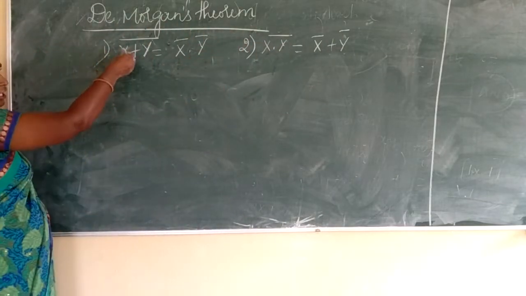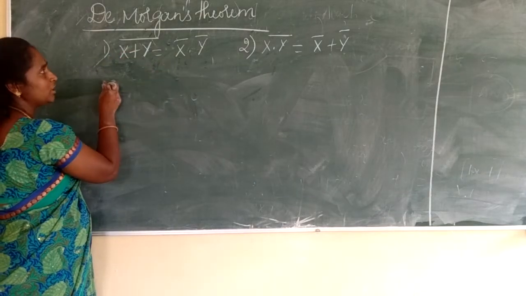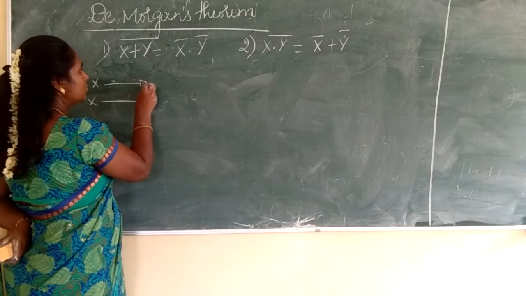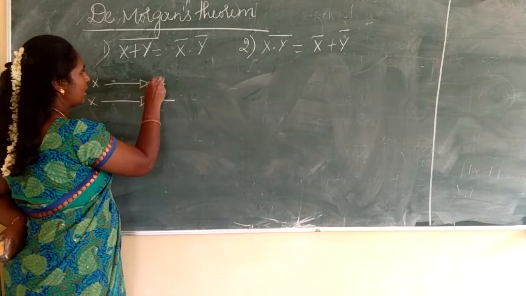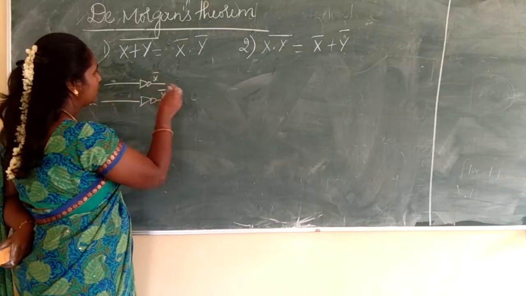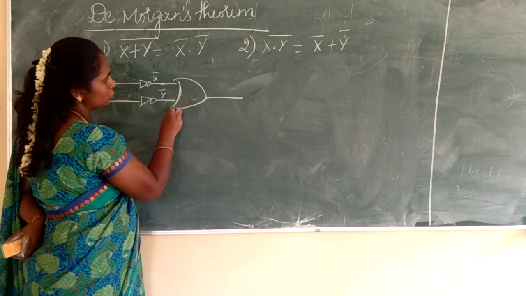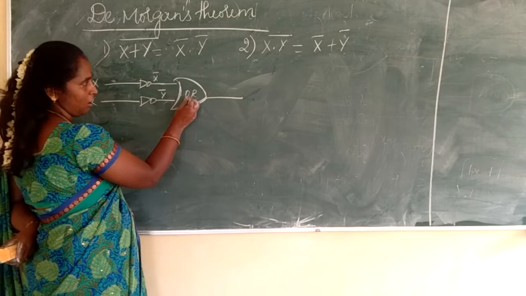First theorem, the logic diagram. How many inputs are here? 2 inputs, x and y. I am using x bar, this is your x bar, this is y bar. These two should be ORed; I am using a logical OR gate.